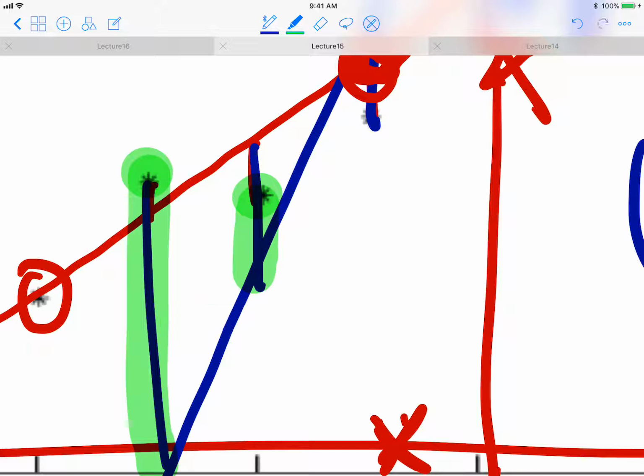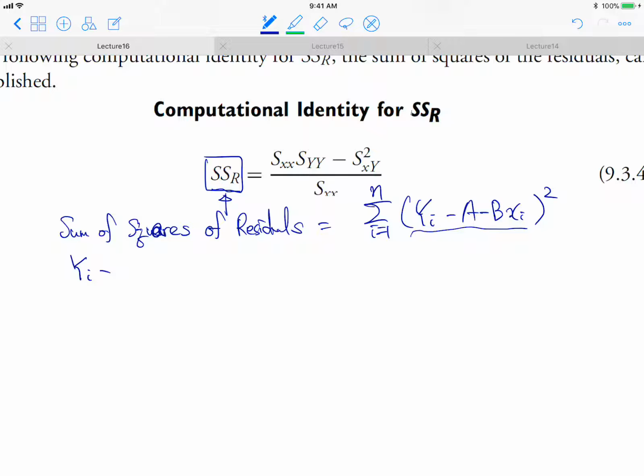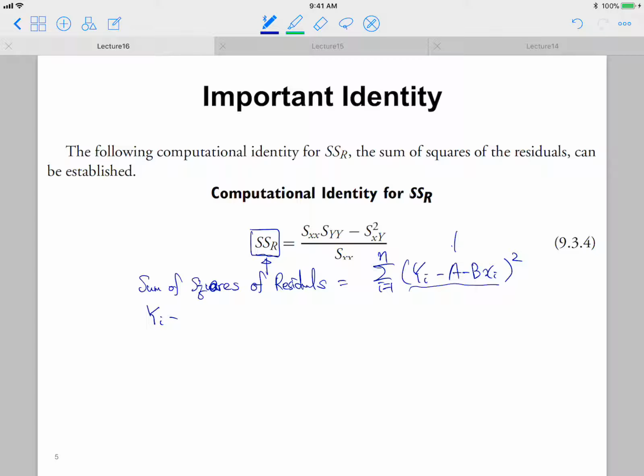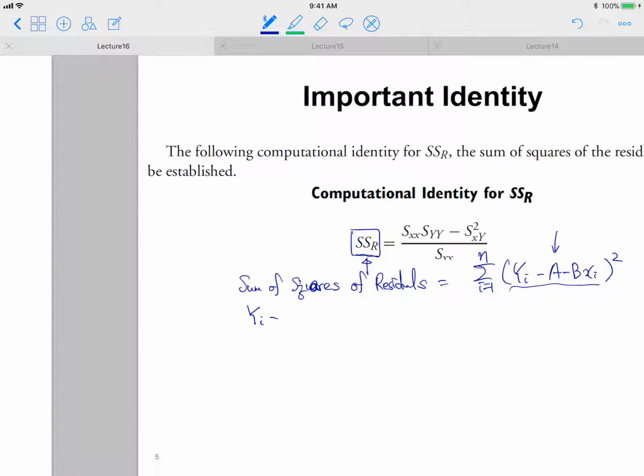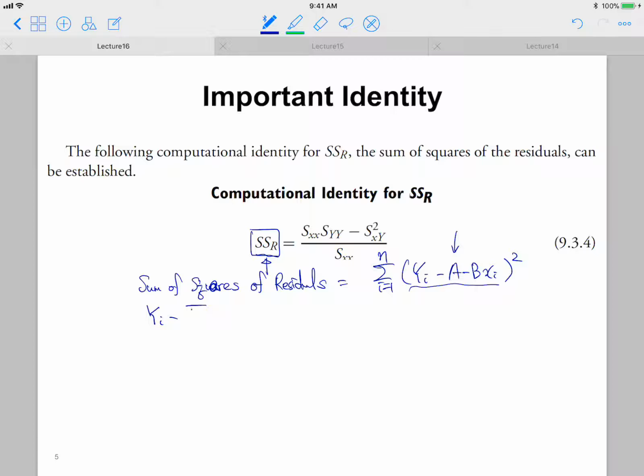Okay, then let's just plug in this A and B by using these equations. So A was this, right?